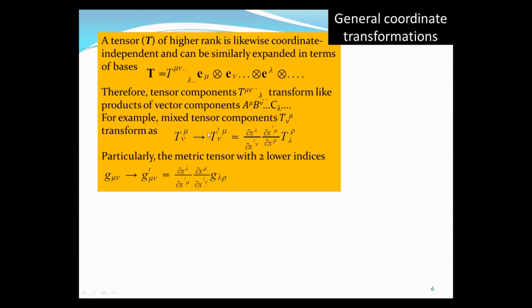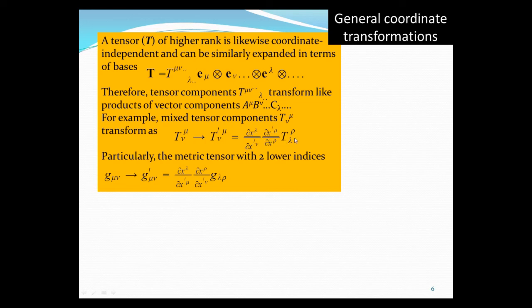In particular, for example, when we talk about a case with one upper index and one lower index, it transforms like one contravariant component times one covariant component, and the contravariant component transforms this way, the covariant component transforms this way. So T mu nu transforms with two transformation matrices that multiply: one is del x prime over del x, the other is del x over del x prime.